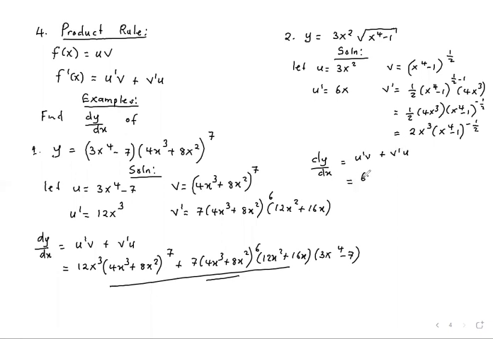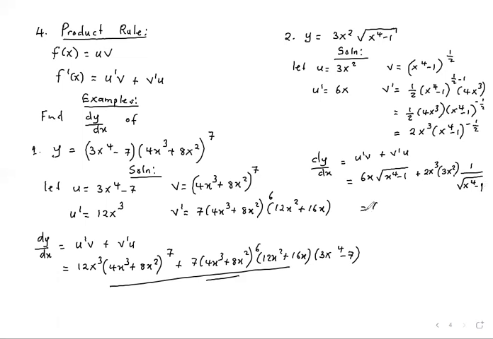U prime is 6x multiplied by v, which is the square root of x^4 - 1, plus v prime, 2x^3 multiplied by u, which is 3x^2. Then the other piece of v is 1 over the root of x^4 - 1. I've said 1 over because that half is negative on top, so I can take it down as positive half, and positive half is the same as the square root.